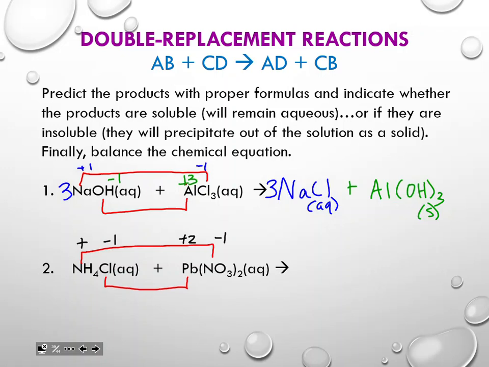So we get ammonium nitrate as one thing. And then our other one is going to be Pb what? Cl2, right? Looking here at this example, anything with nitrate is always what? What does our table tell us? Always soluble, so this gets an aq because it's going to be soluble.